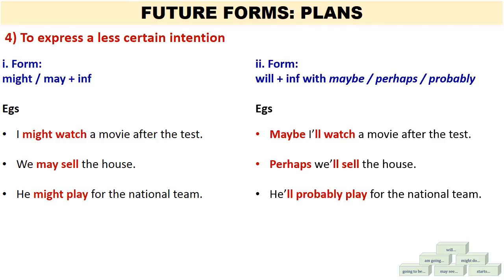Using will plus the infinitive of the verb play with the word probably. So the words maybe, perhaps, and probably qualify our intention, our certainty of doing an action in the future.